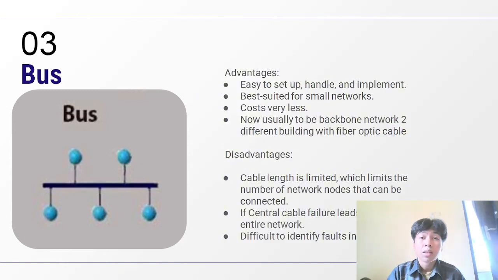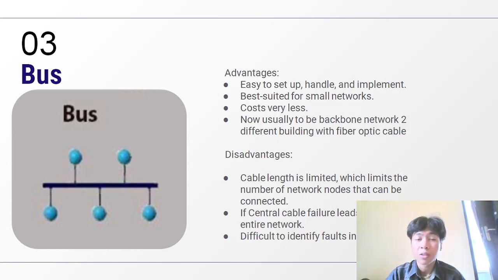And then the advantages of this topology. Number one, this topology is easy to set up, handle, and implement. Number two, it is best suited for a small network. Number three, cost is very low. Number four, it is now usually used as a backbone between two different building networks with fiber optic cable.